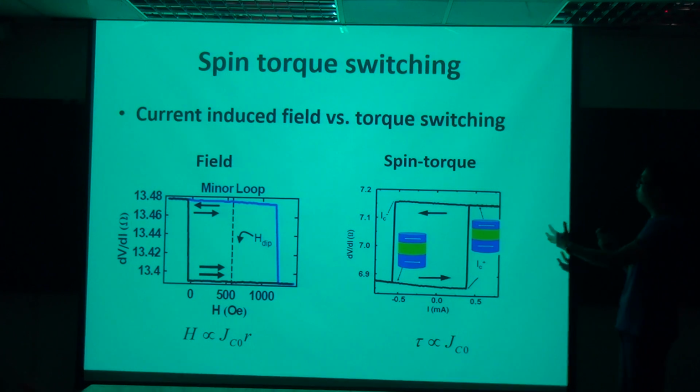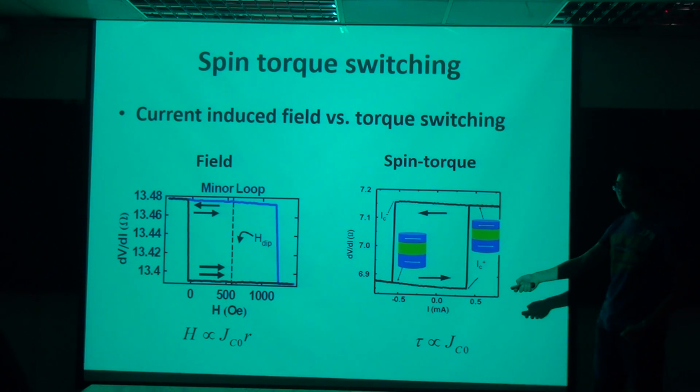And I just want to compare these two types of switching. Like I just said, the first type of MRAM, or the first type of switching, is through the effective field, or the external field that we apply. If you want to generate a field using current, the field comes from the Oersted field, so you have to follow Ampere's right-hand rule, and that gives you this formula: your effective external field will be proportional to the current density and the feature size, the size of your wire.